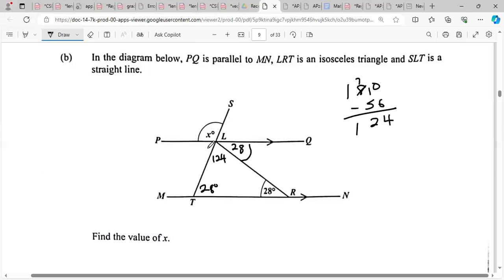124 plus 28 gives me 152. So 180 minus 152. You found that, right? And for this one now, this left 28, so these are 28.